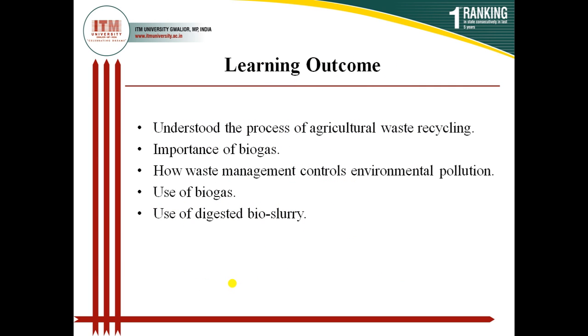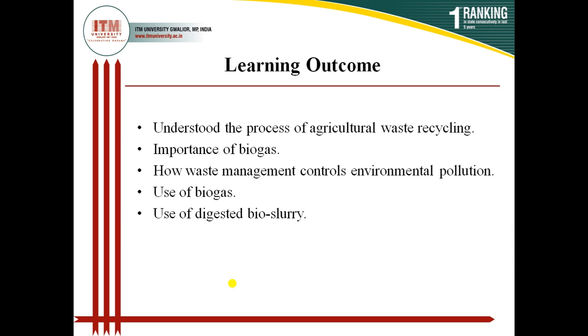So this is the outcome that today we have understood that this agricultural waste can be recycled. Importance of this biogas, importance of this waste management in environmental control. See, again I am telling you, if the waste is dumped in an open yard, it will produce methane, hydrogen sulfide, and carbon dioxide, and it will pollute the environment.